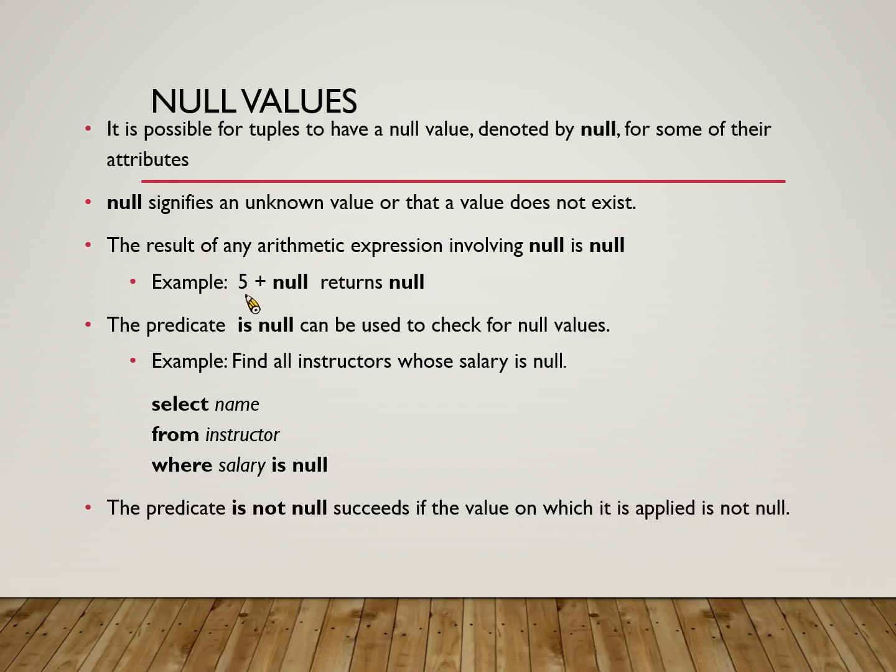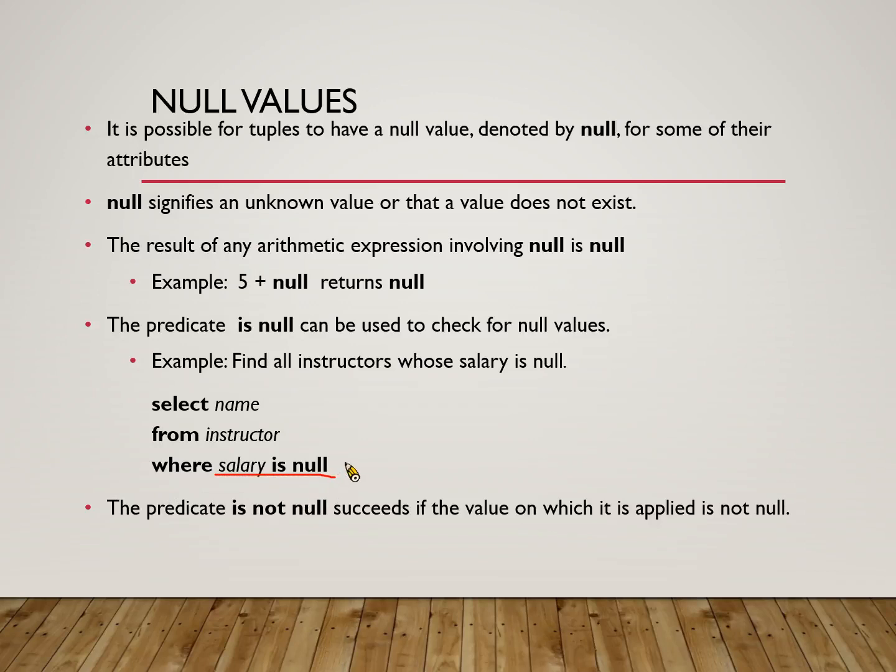For example, 5 plus null also returns null. The predicate is null can be used to check for null values. For example, find all instructors whose salary is null.